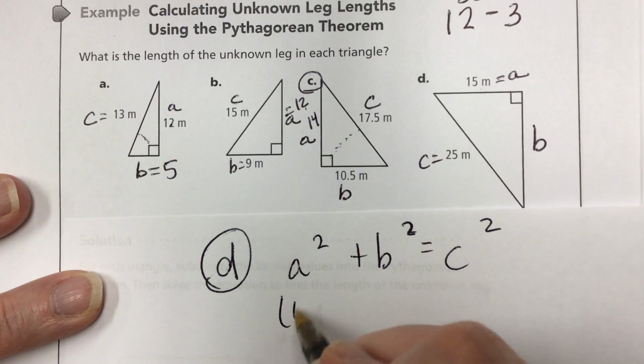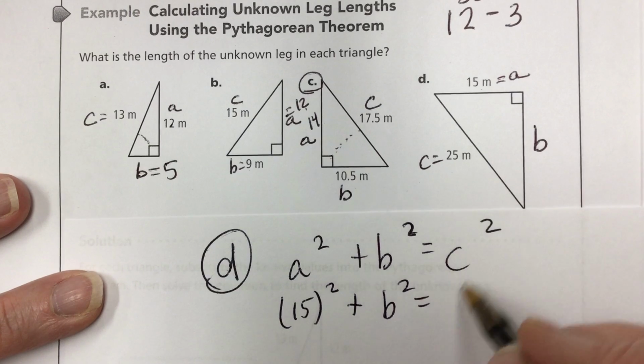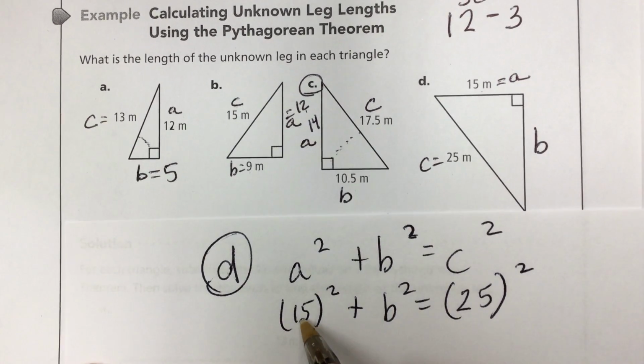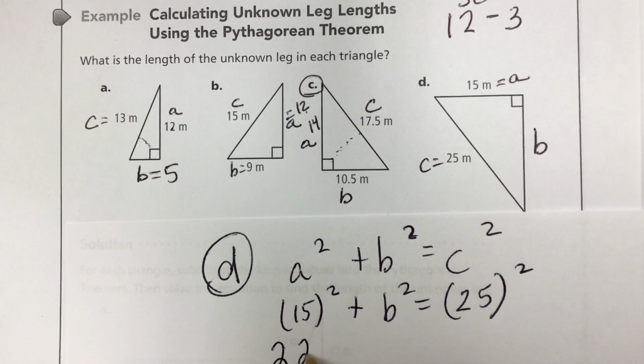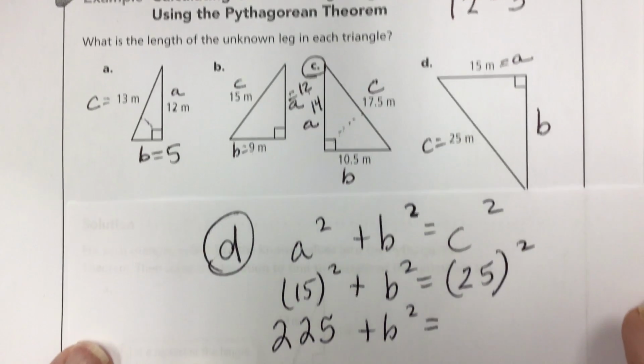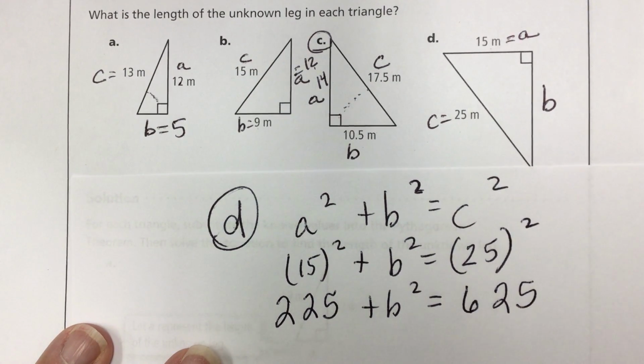A is 15 squared plus B squared equals, I know C is 25 squared. Well, 15 times 15 is 225 plus B squared equals 25 times 25 gives you 625.